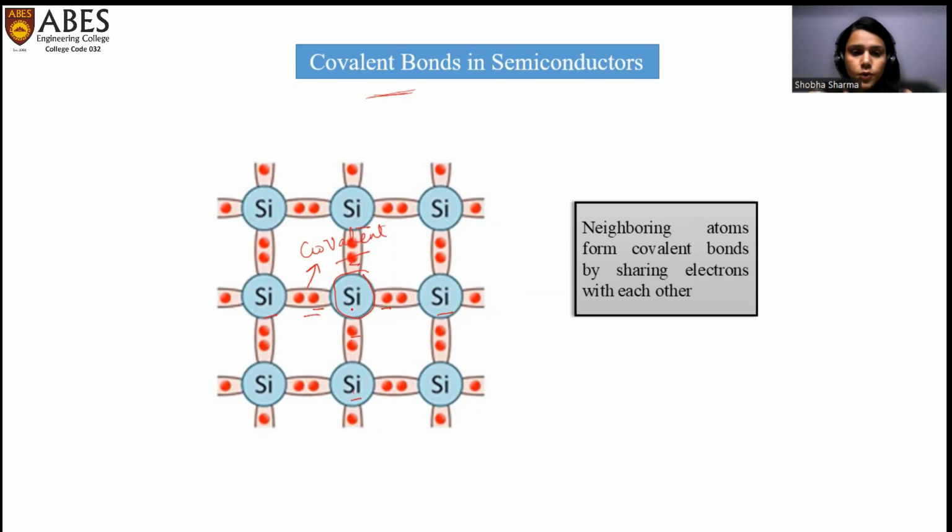So using covalent bonds, these silicon atoms share their valence shell electrons with each other. Neighboring atoms form covalent bonds by sharing electrons. In further slides, we will see why we are discussing covalent bonds.